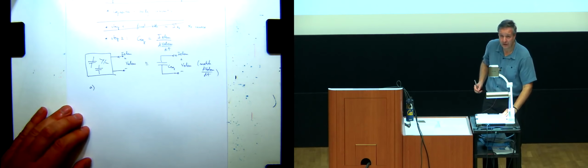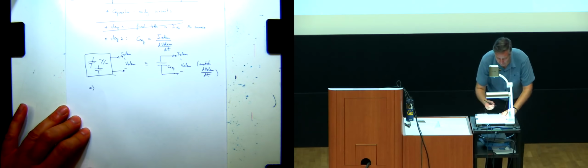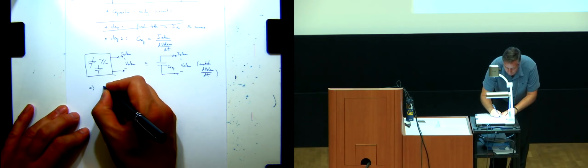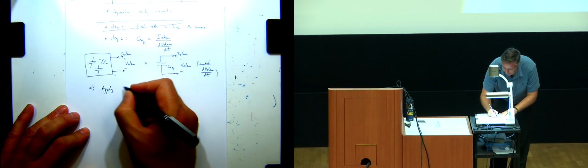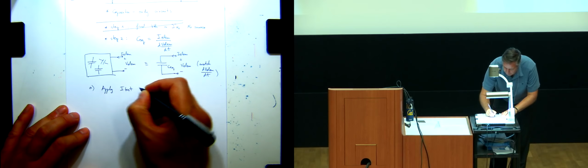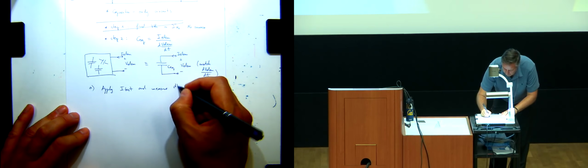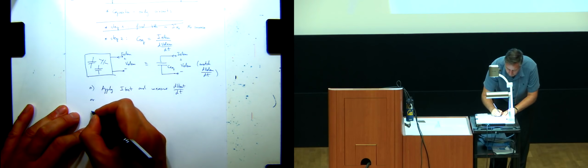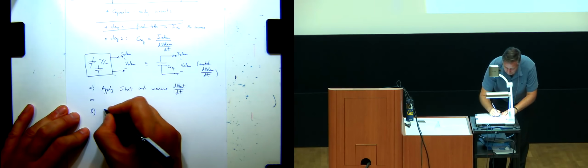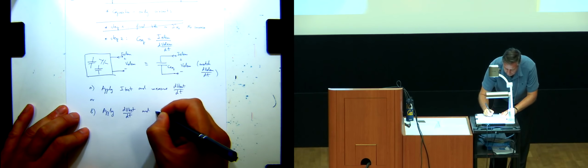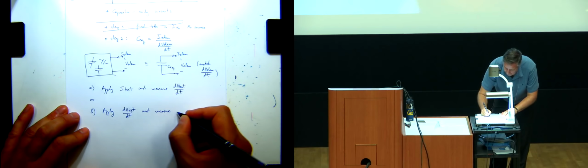Just like we did for R Thevenin and R Norton, there are two procedures we can apply. We can either apply I test and measure dV test dt, or apply dV test dt and measure I test.